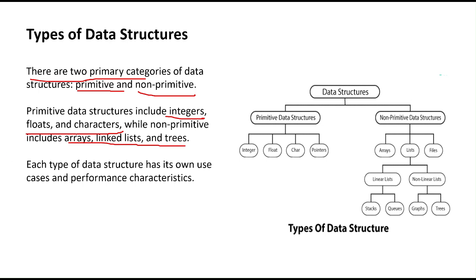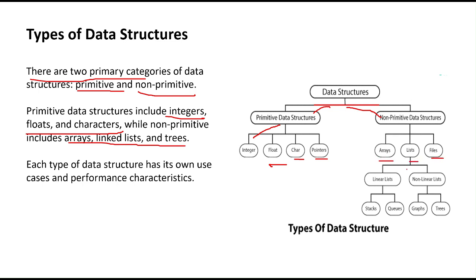Each type of data structure has its own use cases and performance characteristics. So here we have the data structure graph. Data structure is divided into two parts, primitive and non-primitive. In primitive, there are integers, float, char, char means character, and pointers. Whereas in non-primitive, there are arrays, lists, files.